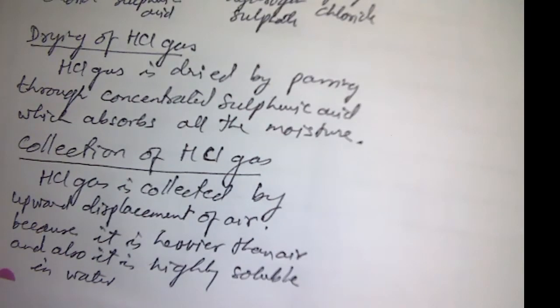Many gases we collect under water, but this gas is highly soluble in water. That's why we don't collect it in water. As it comes in contact with water, it will dissolve only. So we don't use water to collect it.